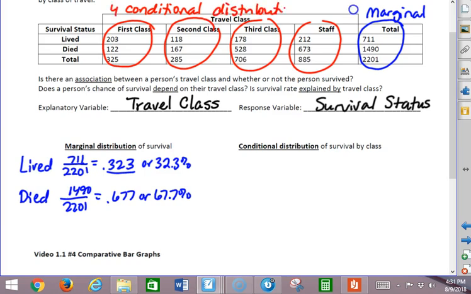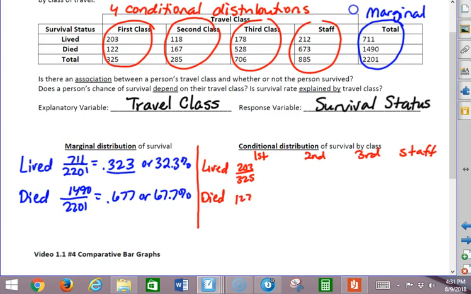So I'm going to need to make a little bit more room here. So right here, I'm going to put lived and died, and I'm going to have my different classes: first class, second class, third class, and staff. So what proportion lived in first class? I'm going to do 203 out of 325 for lived, and 122 out of 325 for died.